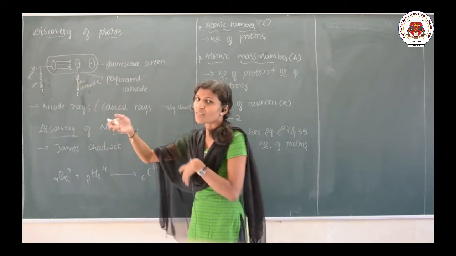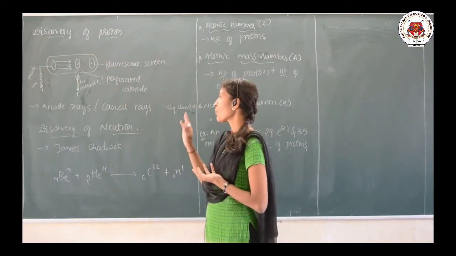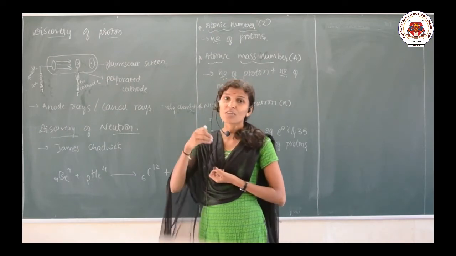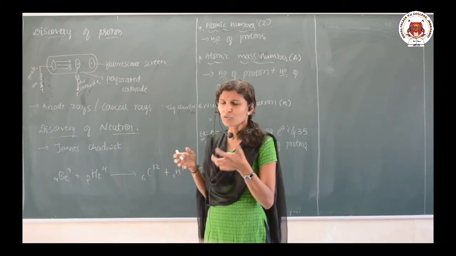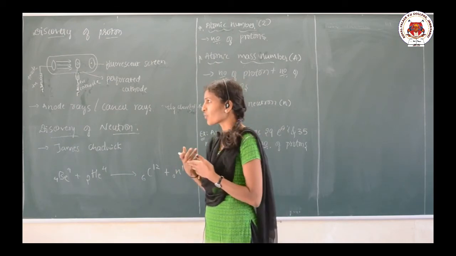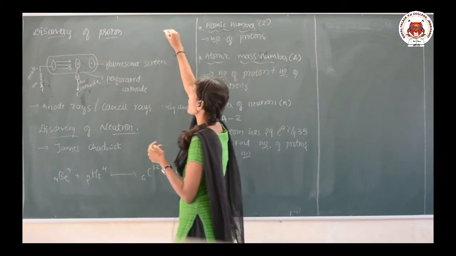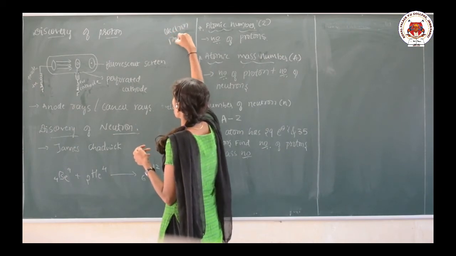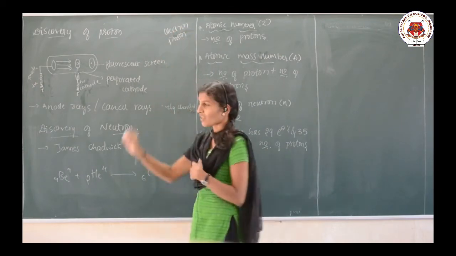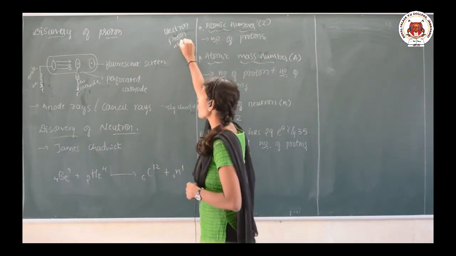The electrons do not depend on the gas, but the protons depend upon the nature of the gas present inside the discharge tube. All these are the characteristics of the anode rays. So now we have discussed two fundamental particles present in an atom, the electron and the proton, and how they were discovered. Next, one more fundamental particle is present, that is the neutron.